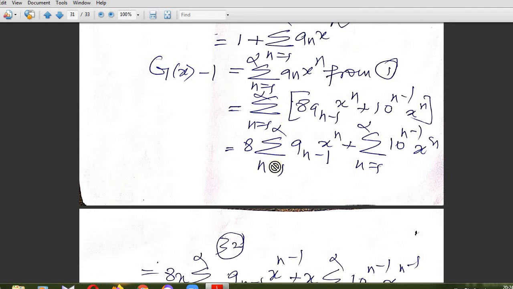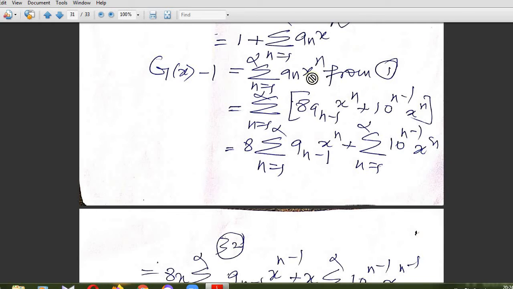Now distribute the summation for the first term and for the second term inside the bracket. If you substitute in the first term, you'll get 8 outside, summation n from 1 to infinity a_(n-1) x power n. Sorry, it's distributed. It's correct. Plus summation n from 1 to infinity 10 to the power n-1 x^n.